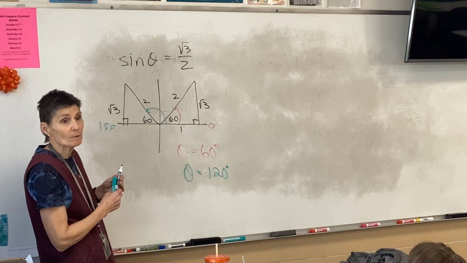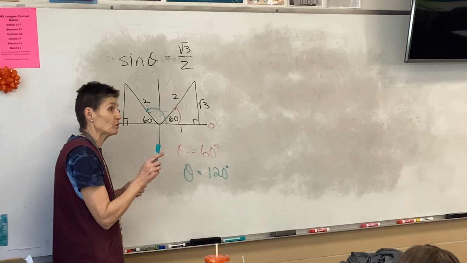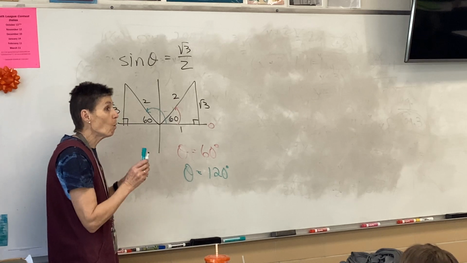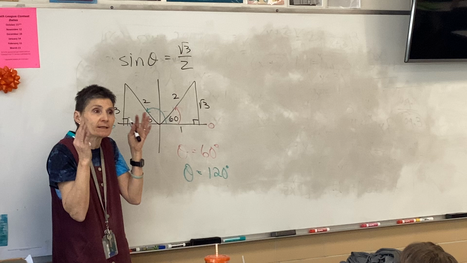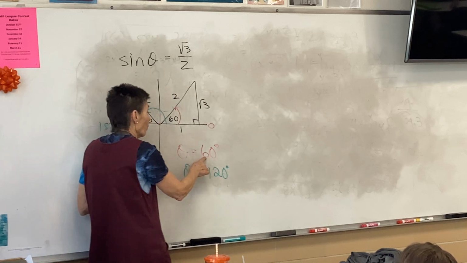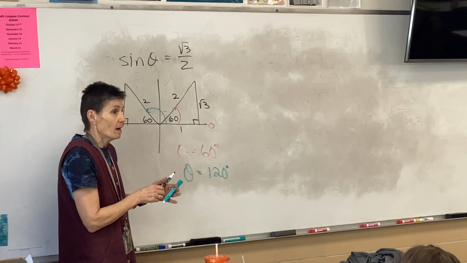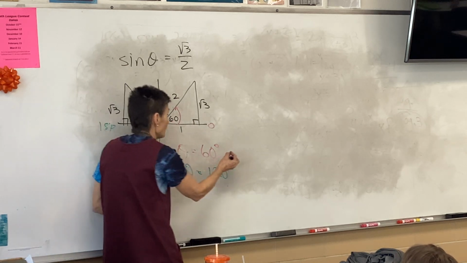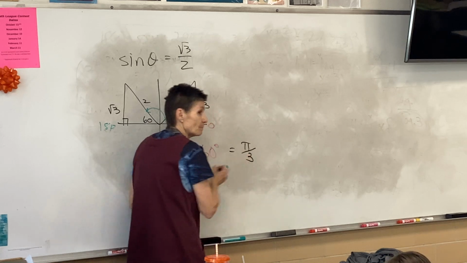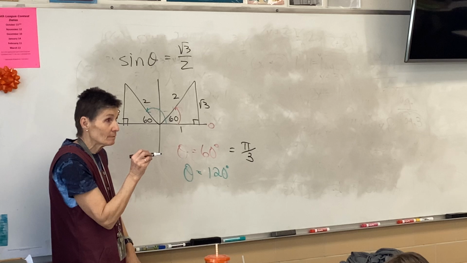Now we're going to change them into radians. Now you can do that with your proportion, or hopefully some of us are going to be able to do that kind of logically. What is 60 degrees? Isn't that a third of pi? Yeah. So this would be pi over 3. 180 divided by 3?